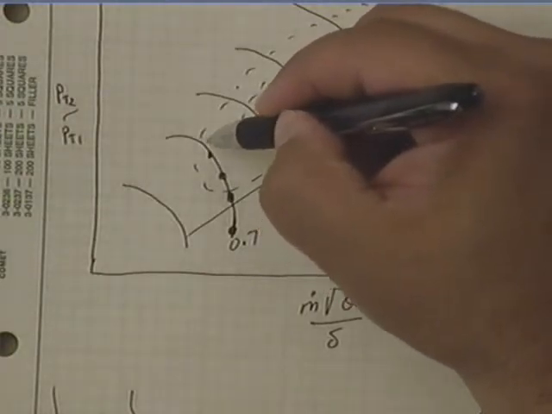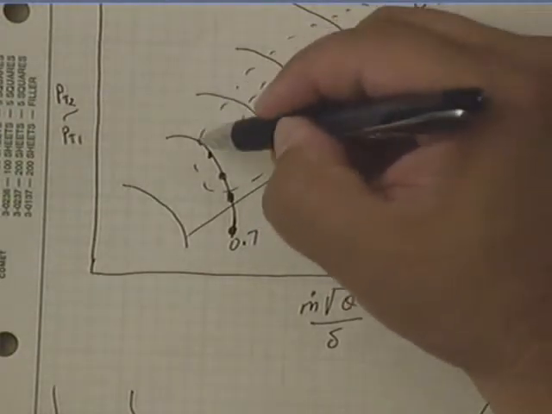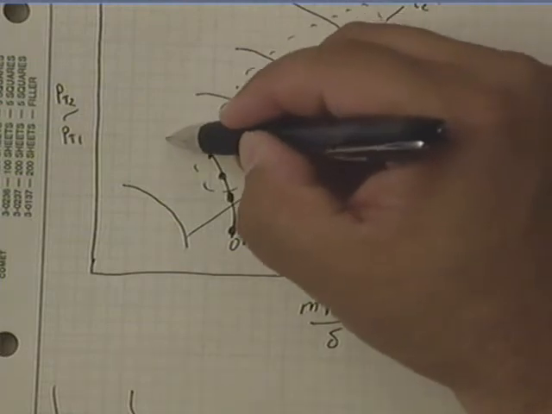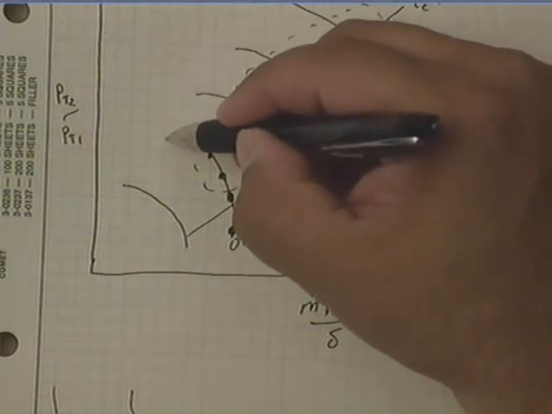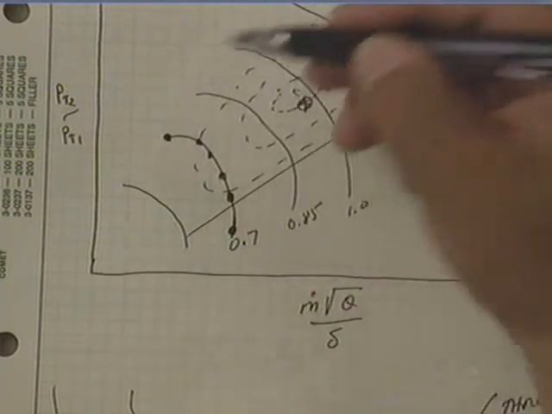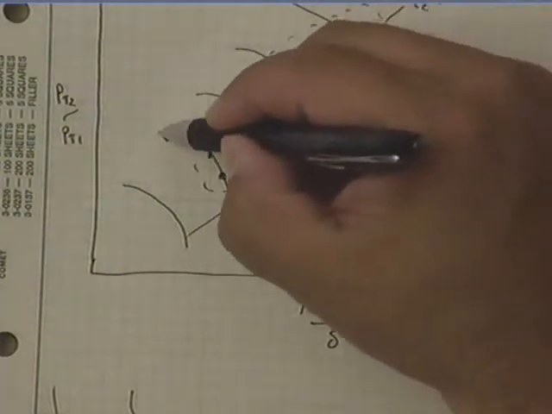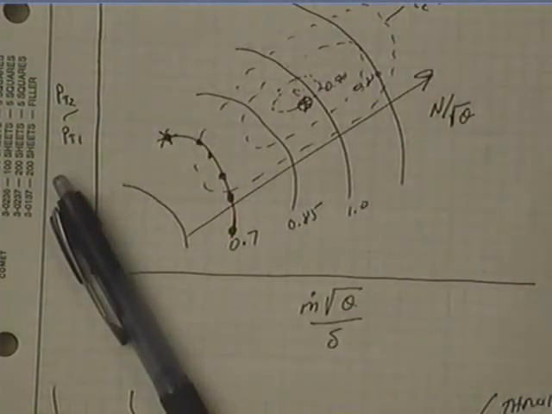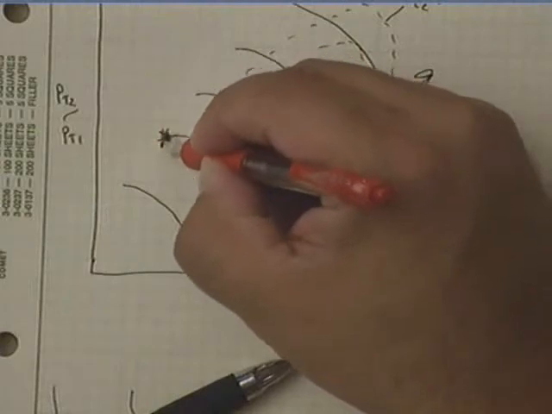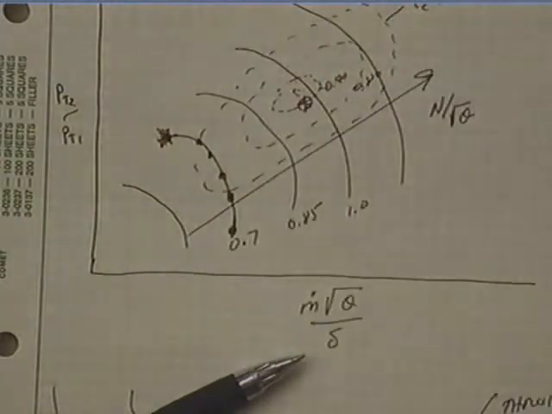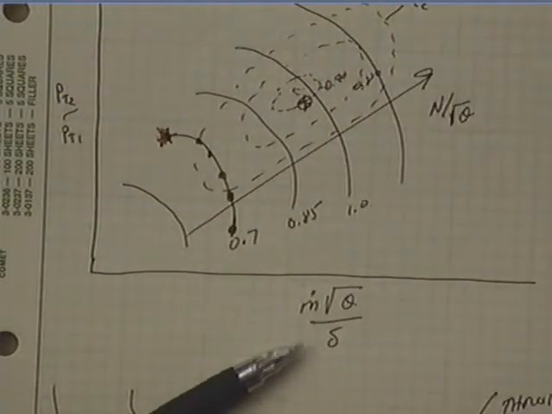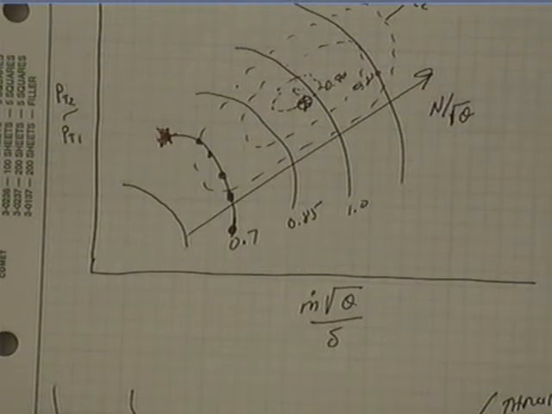Keep closing the throttle, until eventually what happens? You get to a point where it completely stalls, okay? And it's before you completely close the throttle. But you get a point here where, for that particular constant RPM, you have stalled the compressor.